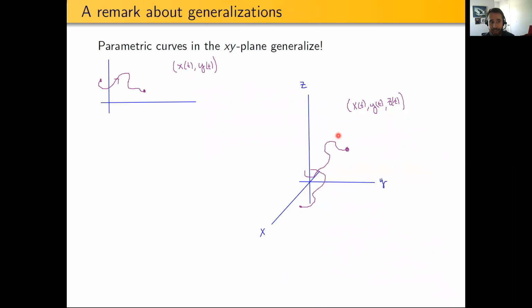And here I'm just saying that at time t, the position our fly is at is given by this triple set of equations. And we can generalize that not just to 2-dimensional space or 3-dimensional space, but n-dimensional space as well. We just lose our geometric understanding of what n-dimensional space looks like.